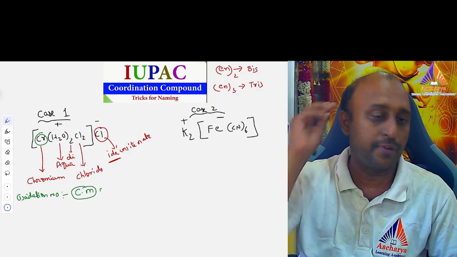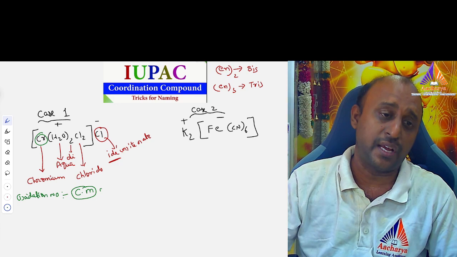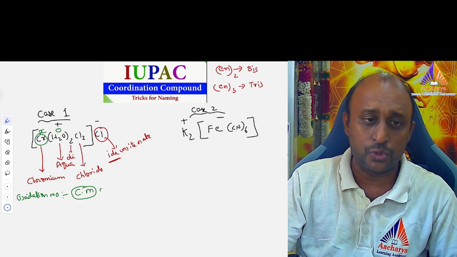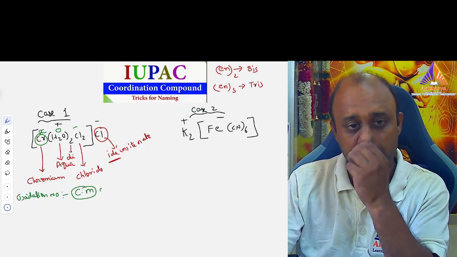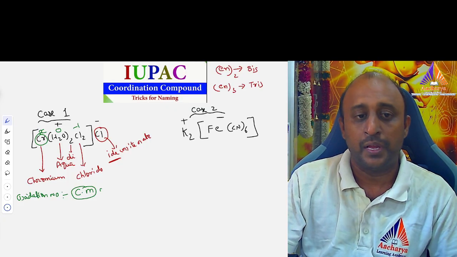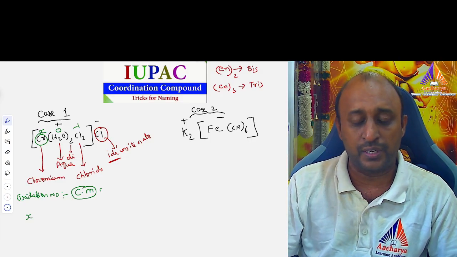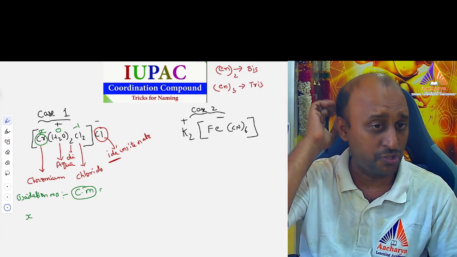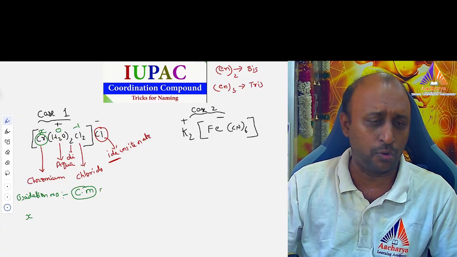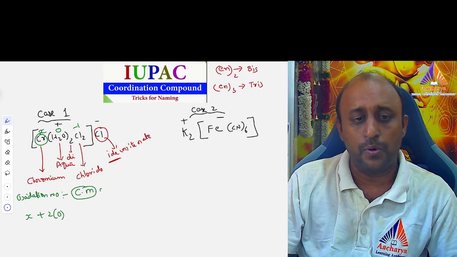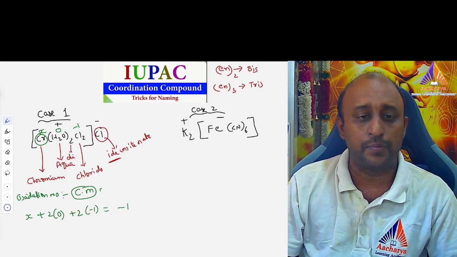Cr stands for x, H2O is neutral so 0, and Cl is -1. The way you find the oxidation number is the same as in redox balancing, where you find oxidation numbers for compounds. The same method we follow: x + 2(0) + 2(-1) = -1.